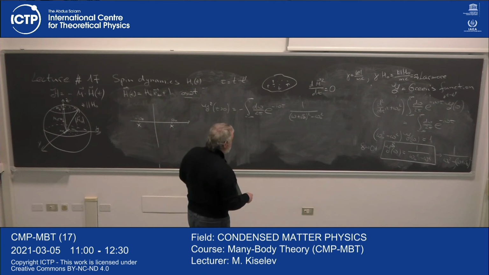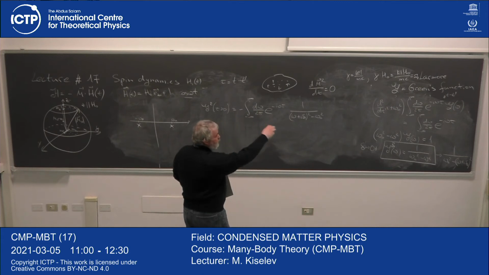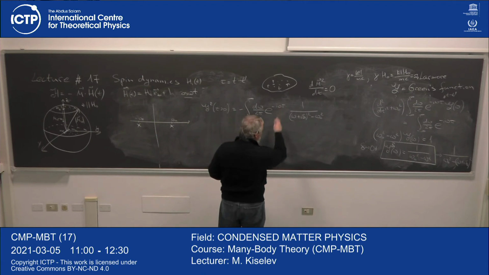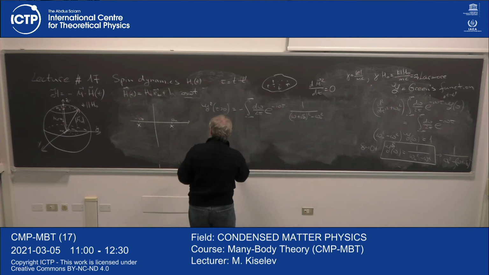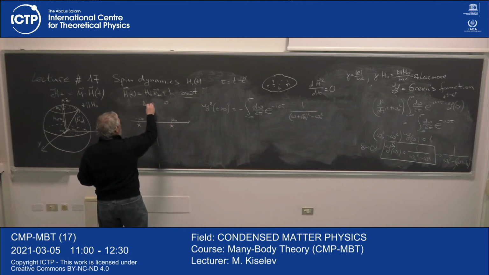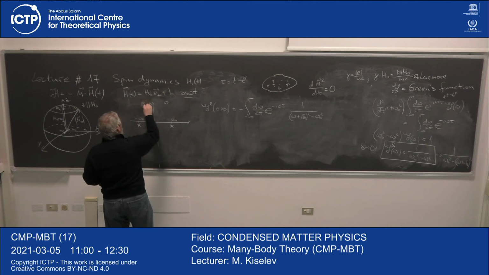If I compute this integral, I need to close the contour. If tau is positive, this is the complex plane of omega. So this is the real part of omega, this is the imaginary part of omega.